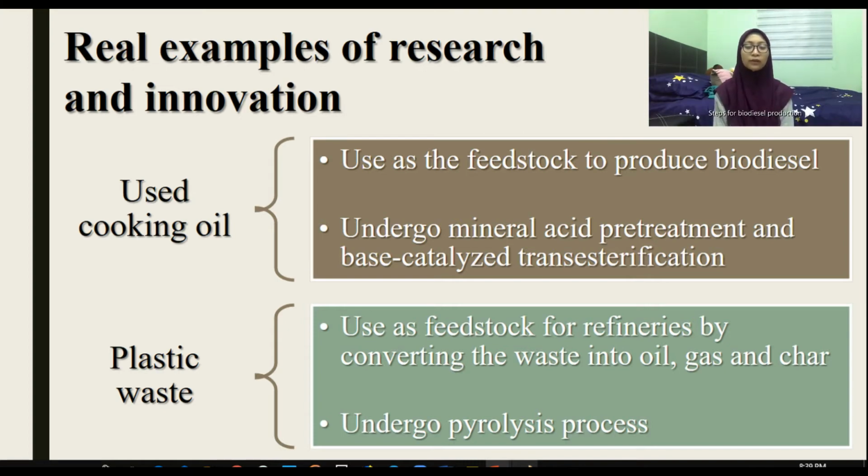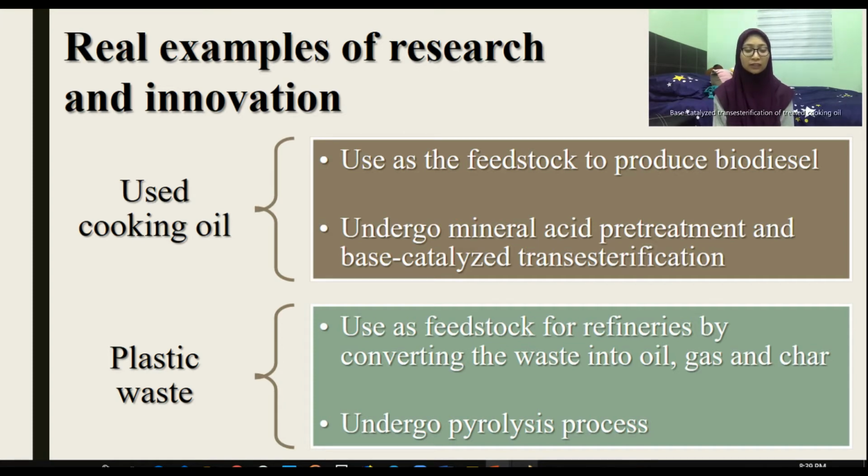Steps for biodiesel production: pre-treatment of used cooking oil with acid to reduce free fatty acid levels. After that, esterification of free fatty acid via mineral acid pre-treatment using sulfuric acid.